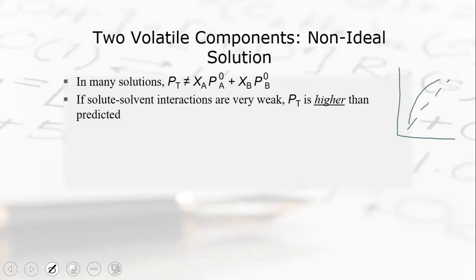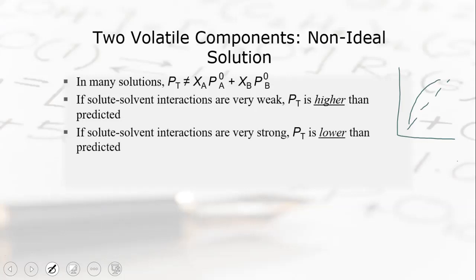The other scenario you can have is that if the interactions between solute and solvent are very strong, in other words, when they mix, they really like each other. And because the solute-solvent interactions are so strong, it keeps the molecules of the liquids from vaporizing that easily. And so as a consequence, the total vapor pressure ends up being lower than predicted.